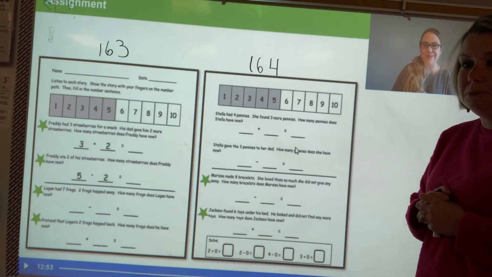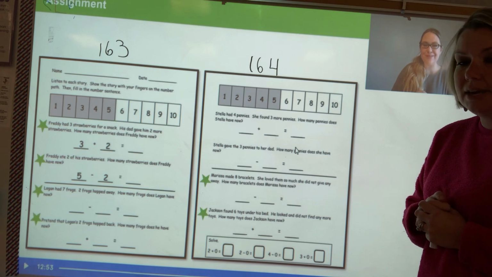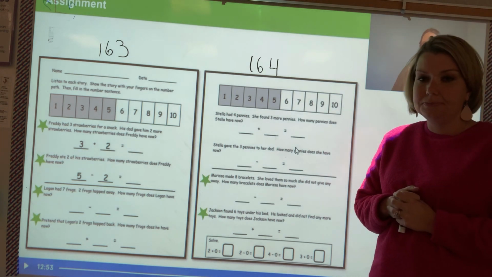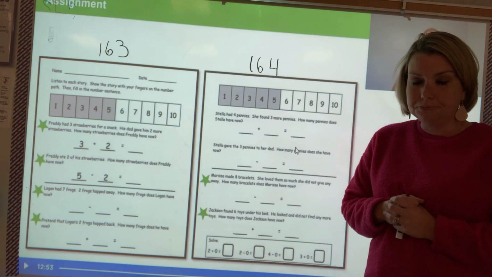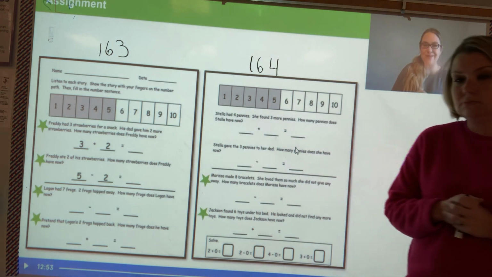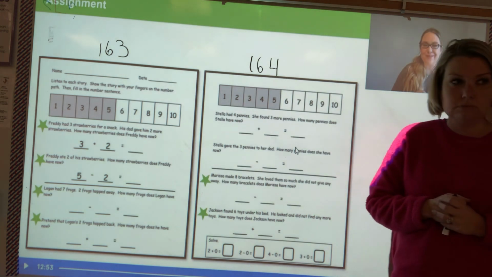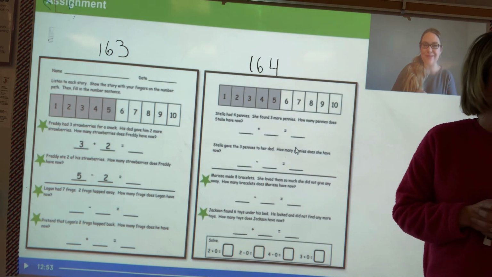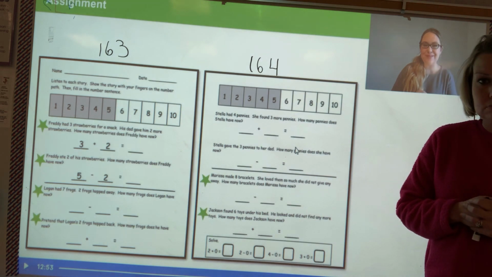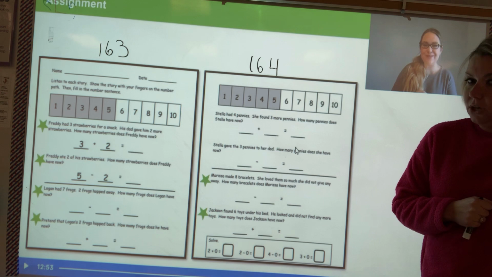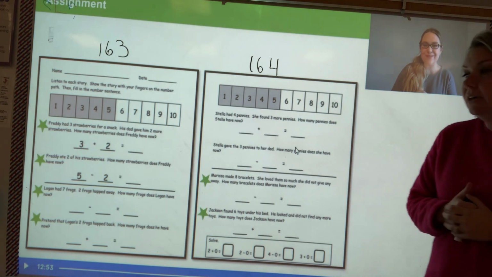Where am I going to put my pointer finger? Raise your hand and share out. Nicole? We can do 6. No. Listen to the story.